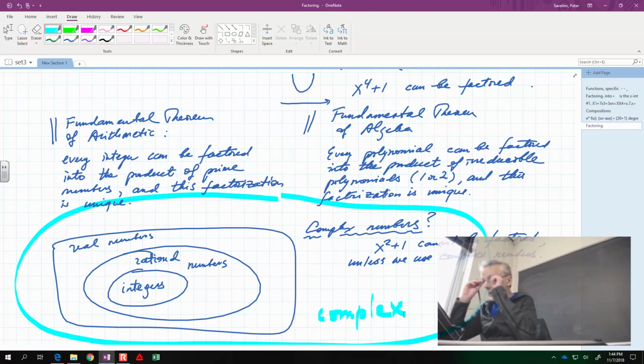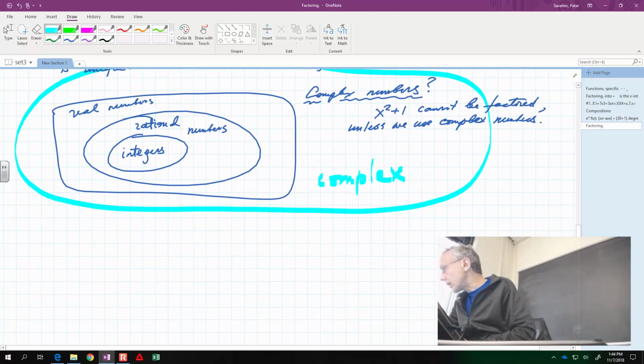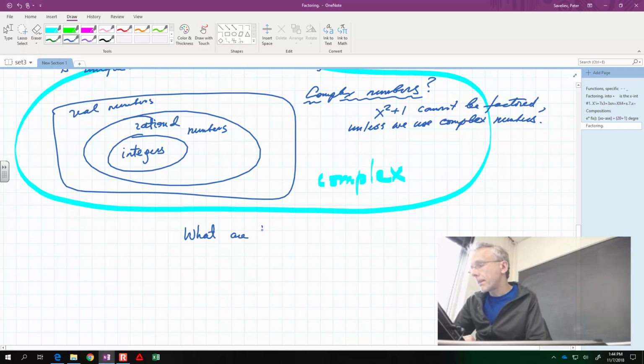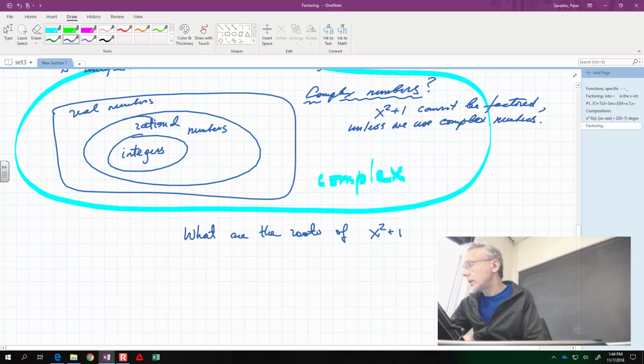So what are complex numbers? The starting point is the root of that polynomial, x squared plus 1. So solve x squared plus 1 is equal to 0.